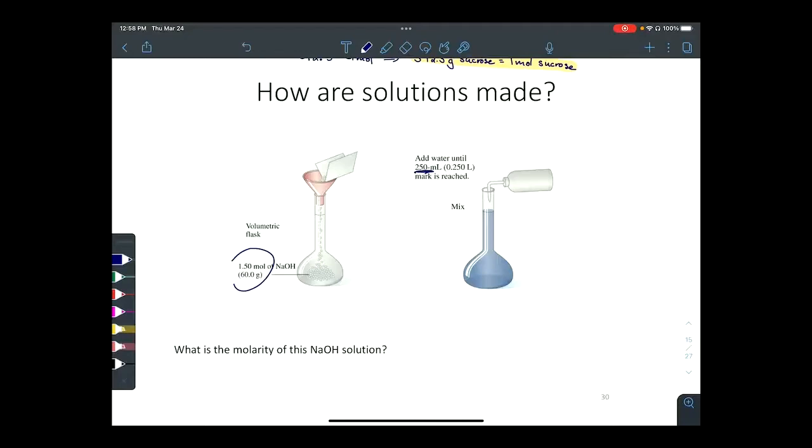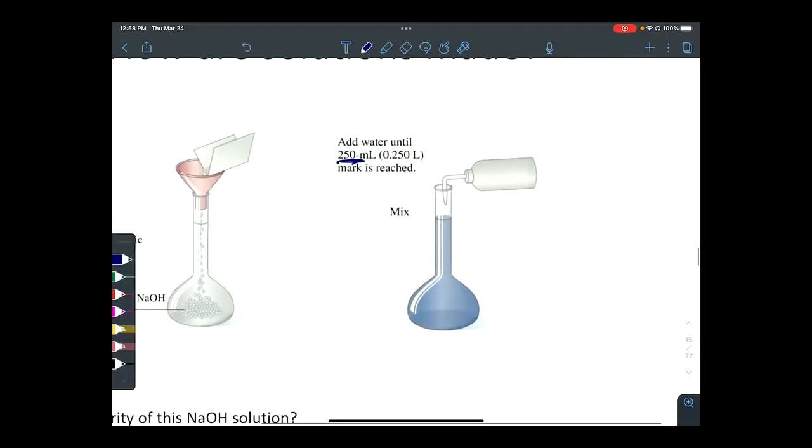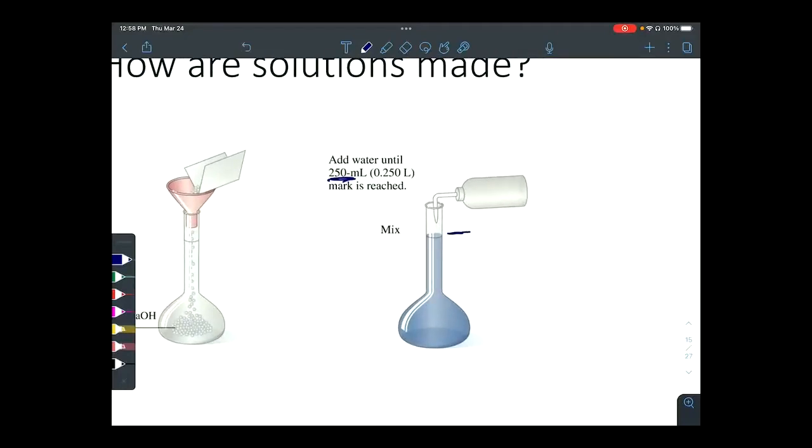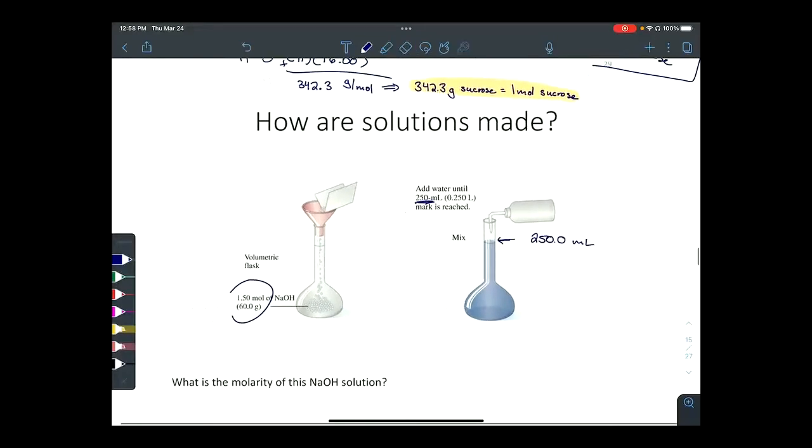And so instead, we dilute with water up to a line that indicates that the total volume is 250.0 milliliters in that case. So what we're seeing here in this volumetric flask is the total volume of the solution being 250 milliliters. And so that volume includes both the volume of the solute and the solvent in that case.